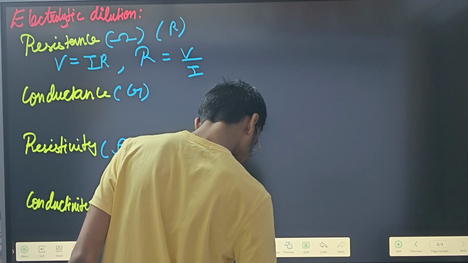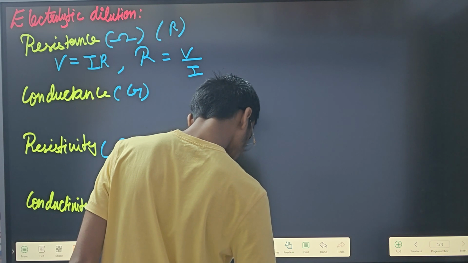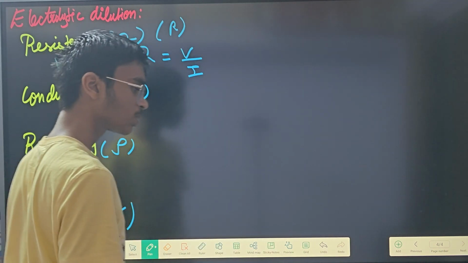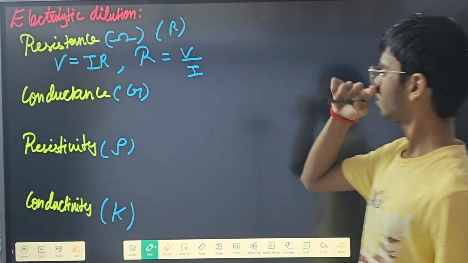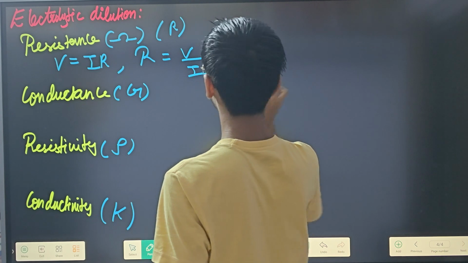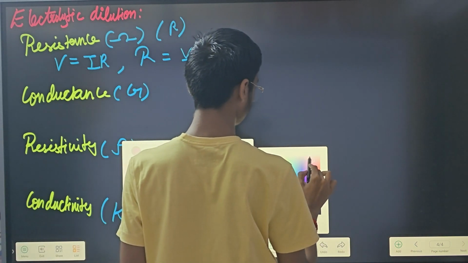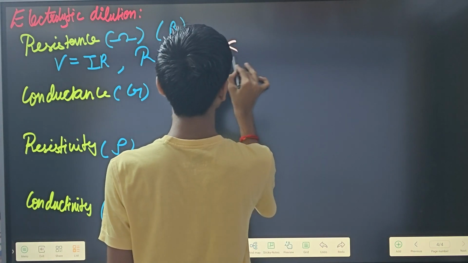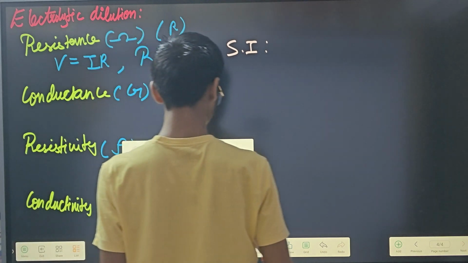The electric resistance is represented by symbol R and it is measured in ohm, which in terms of SI base units is equal to kilogram meter square per second cube ampere square. So not only ohm, the SI units are also equal to. So what are the SI units?